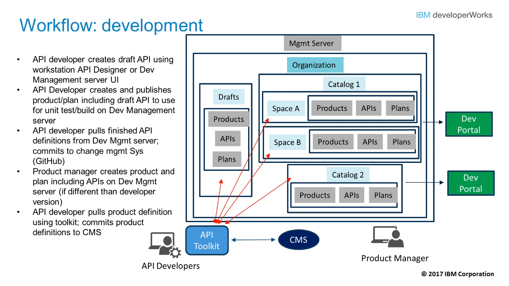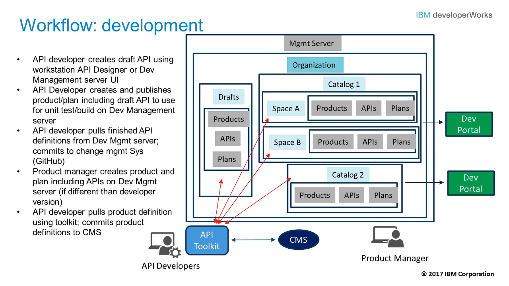Once all of the APIs and products have been unit tested and the design confirmed by the product managers on the development server, then the API developers once again use their toolkit to pull down any altered definitions of the APIs and products and recommit them to the change management system being used by the enterprise.